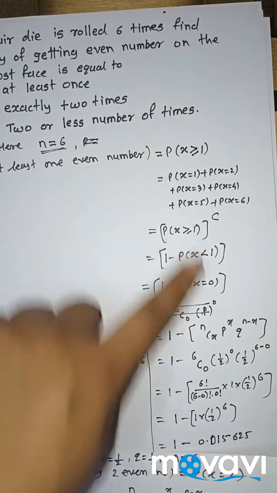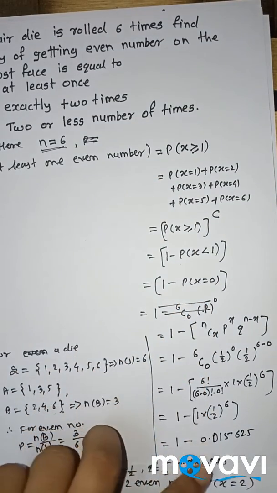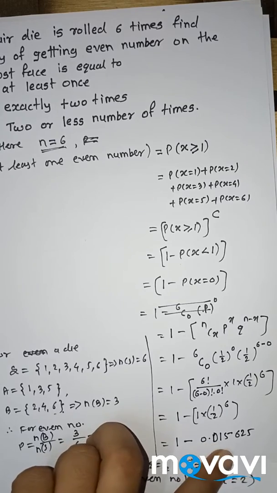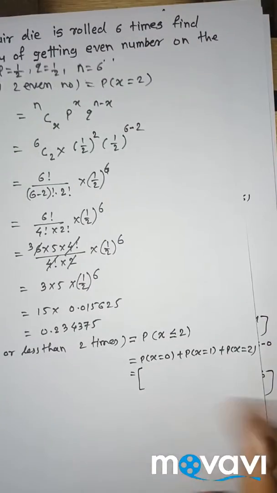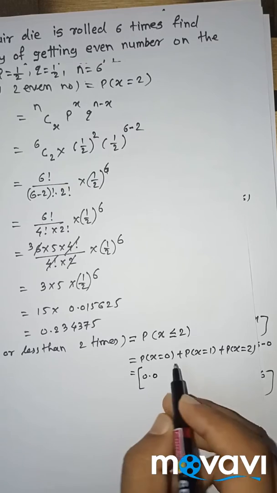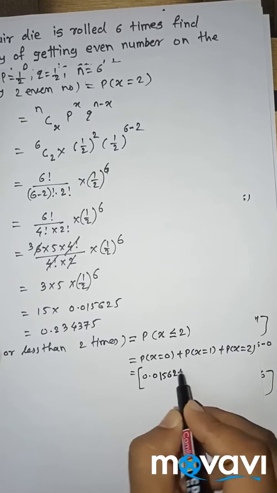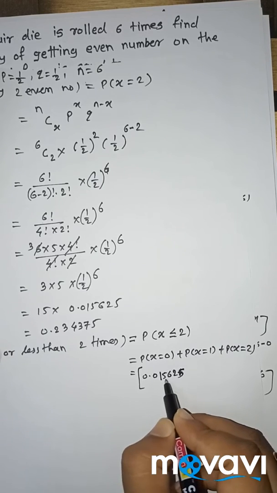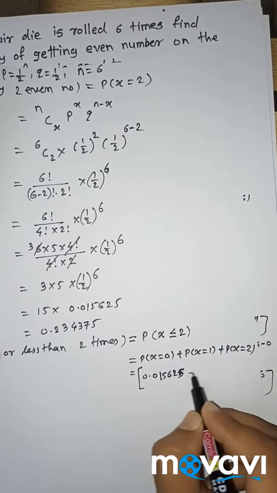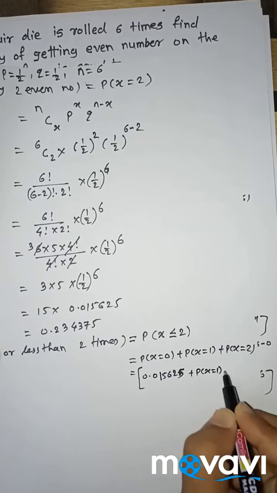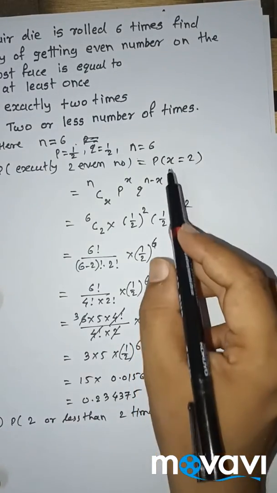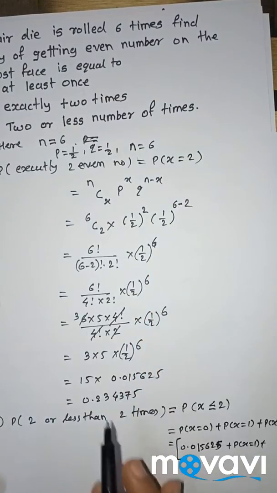See here, probability of x equal to 0 is 0.015625. We use this value here, 0.015625 plus probability of x equal to 1 plus we have already calculated probability of x equal to 2.